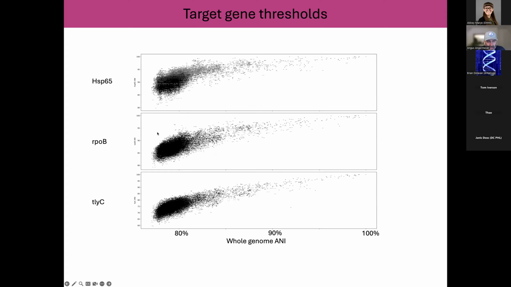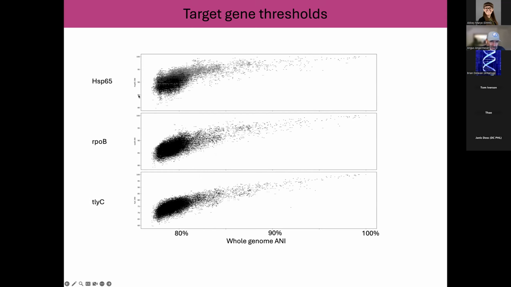So all of this shown here is for all the 217 RefSeq genomes. We did a pairwise comparison of how similar the whole genome is on the x-axis, and then for HSP65, how similar the HSP65 gene is, and then those all get plotted.